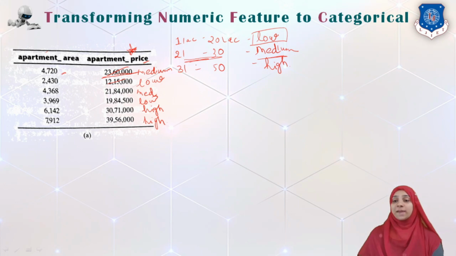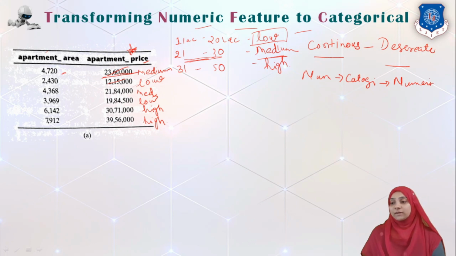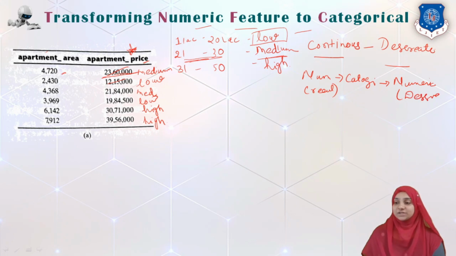So this is the way we transform a numerical feature to categorical, that is, a continuous feature to a discrete feature. To convert continuous to discrete, we convert the numerical feature into categorical, and from categorical again to numerical. This first numerical is real in nature and this numerical will be discrete in nature.